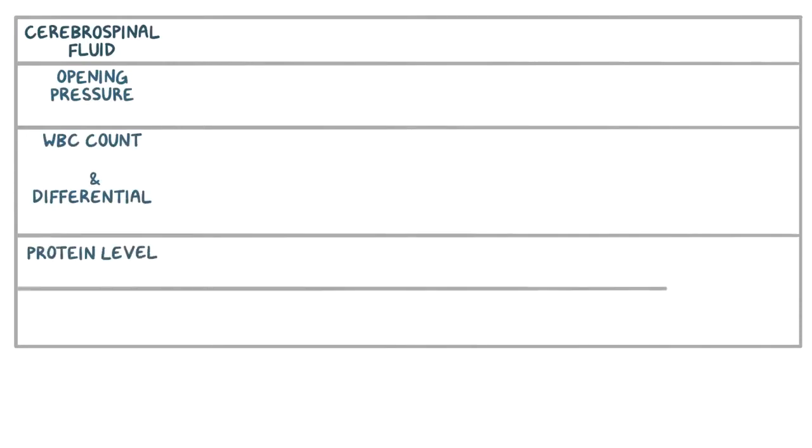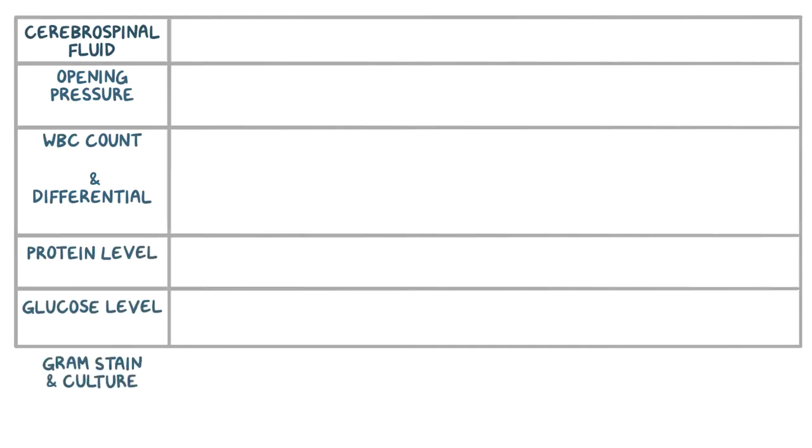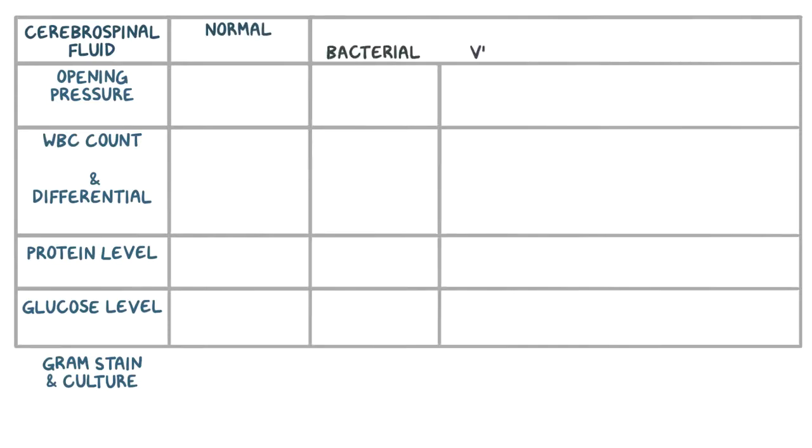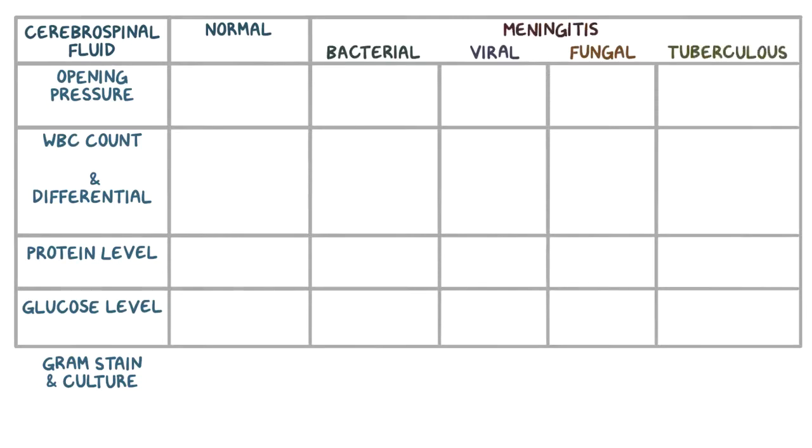There are 5 key things that are looked at in cerebrospinal fluid: opening pressure, white blood cell count and differential, protein level, glucose level, and gram stain and culture. These can help differentiate between normal CSF and a bacterial, viral, fungal, or tuberculous cause of meningitis.